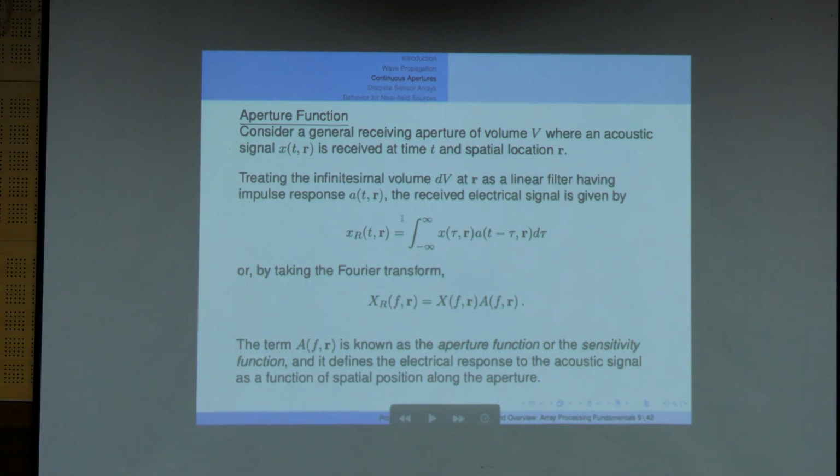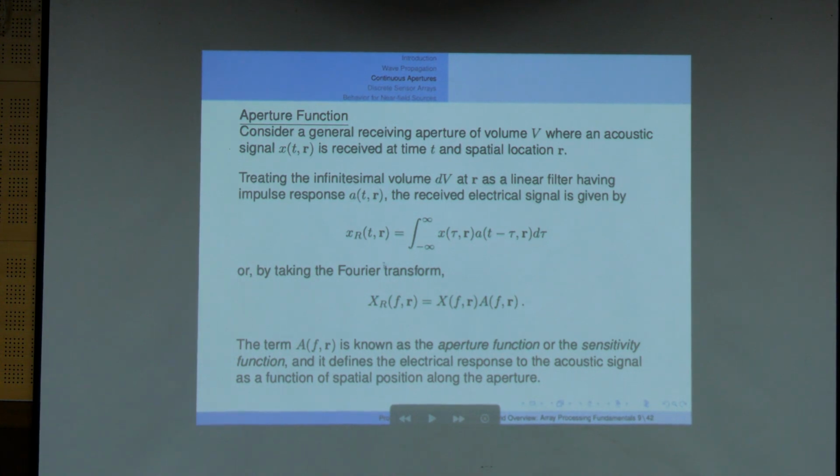So if the aperture is linear and time invariant, then we can write it as a convolution between the acoustic wave and the impulse response at that point of the aperture. It looks like this.